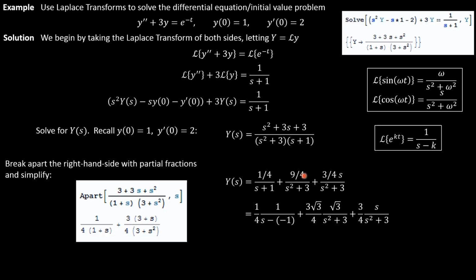So I've taken the 1/4 outside and written this as 1 over s minus k plus a giant constant times omega over s squared plus omega squared, where omega is the square root of 3, plus 3/4 times s over s squared plus omega squared, where omega is the square root of 3. Maybe I'll write that down. Omega equals the square root of 3. I'm getting pretty good at using this mouse pad, aren't I? I mean, that's not bad.